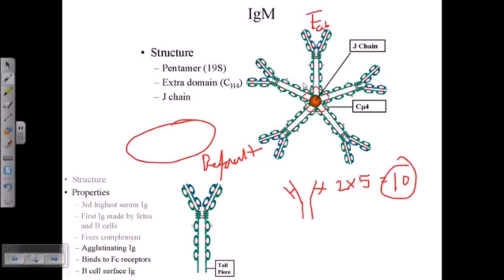Because for complement fixation, the most important part is the attachment of antigen with antibody, so that we can form an antigen-antibody complex, and the formation of the antigen-antibody complex can be achieved more quickly by this IgM, because it has 10 regions to bind with the antigen.